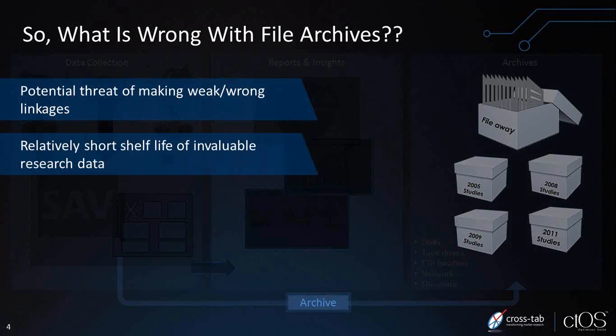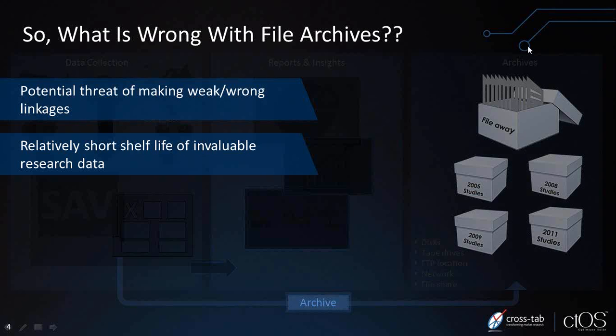Then the second and very obvious disadvantage of having data in files is the shelf life of data, where we typically use data sets for say 5 or 6 waves in case of trackers, report it out, and then there it sits.